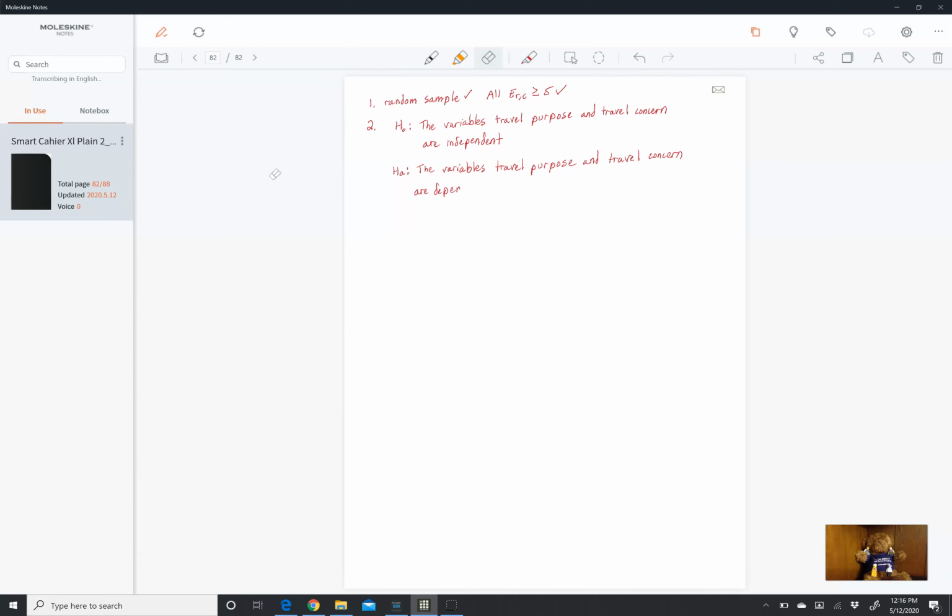So most of the time this is going to be the claim, okay? Not all the time. Sometimes it'll say, can we show that they're not related? Okay, in which case the claim would be the null hypothesis. This is saying, can the consultant conclude that the variables are related? So that's why our claim is the alternative hypothesis, okay?